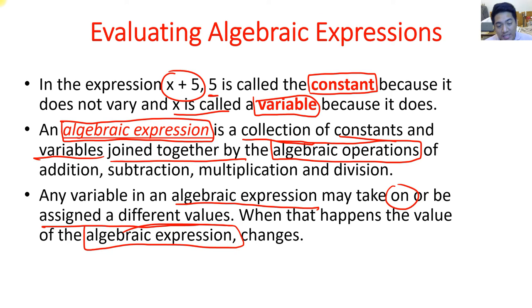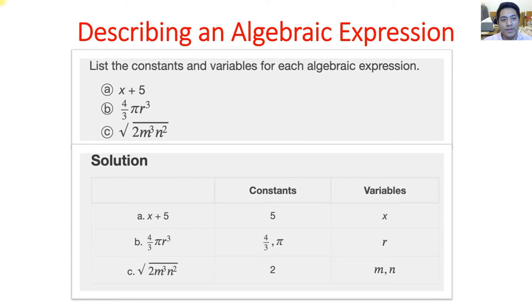Since the algebraic expression contains a variable, if we assign a value to that specific variable, let's say x equals 1, we can get a result. And that result will be different when we assign a different value of x. First we assign 1, and if we assign negative 1, the value of the algebraic expression may change, because we change the value of the variable.